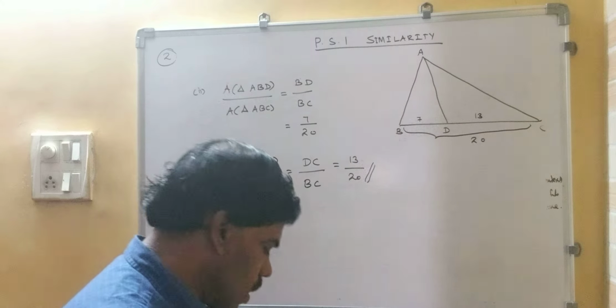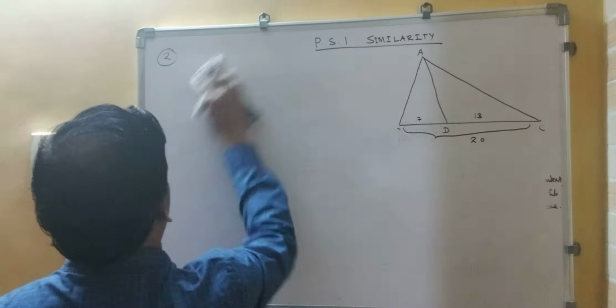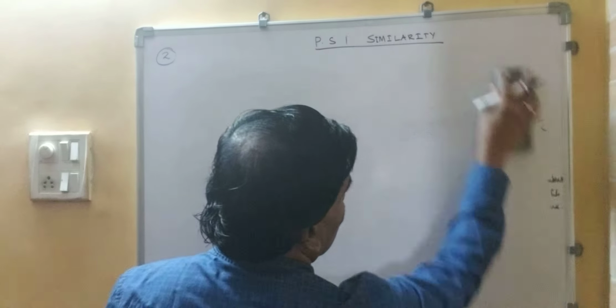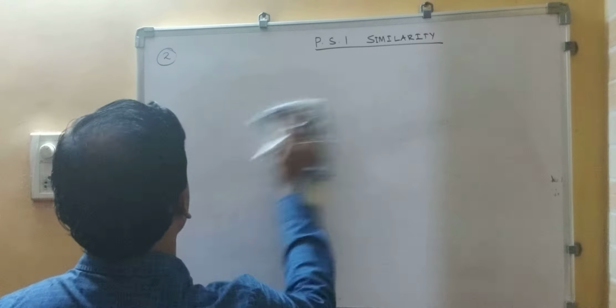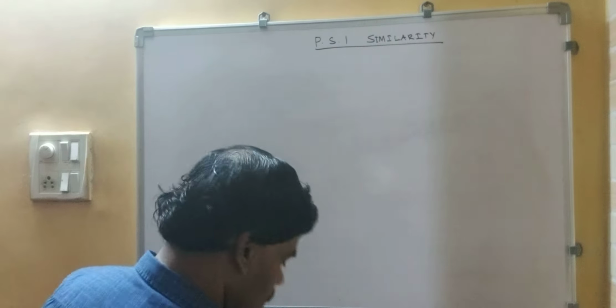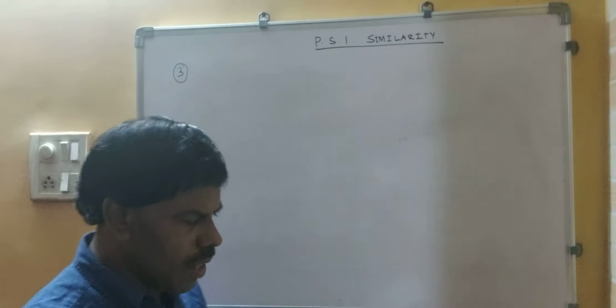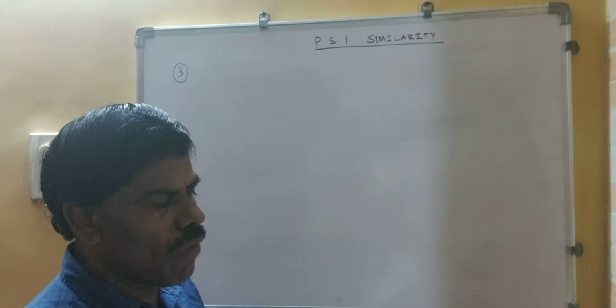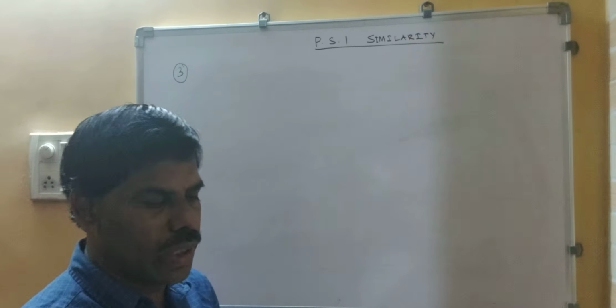Okay. Now, the next sum is very, very important. Third sum we will see. What is the third sum? You see, the ratio of the areas of two triangles with equal heights is 2:3.